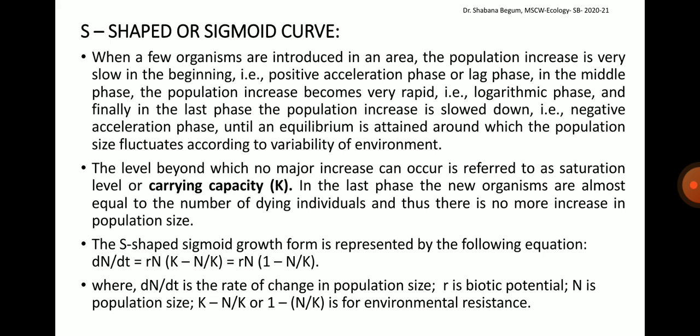The S-curve or S-shaped growth form is called density dependent, as the growth rate depends on the number of individuals present in the population. When the growth reaches the stable state and growth rate is 0, that is the maximum carrying capacity of the given environment for the population.